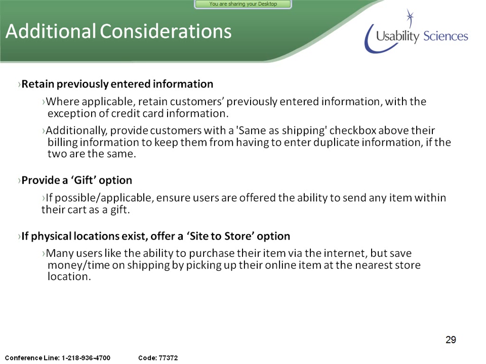And so a lot of times when I'm online, I like to find out if there's a store near where I'm located that I can easily go through the checkout process and then go to that store and pick it up. We've heard the same feedback from other users in our usability studies that they do like a site to store option. So if you do have physical locations, ensure that you provide that option for your users.